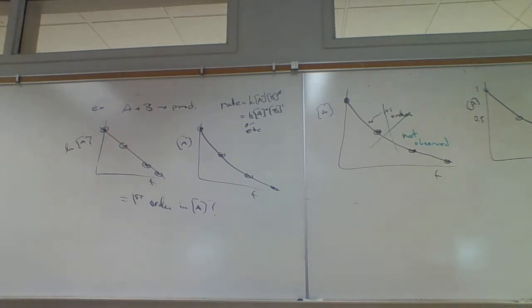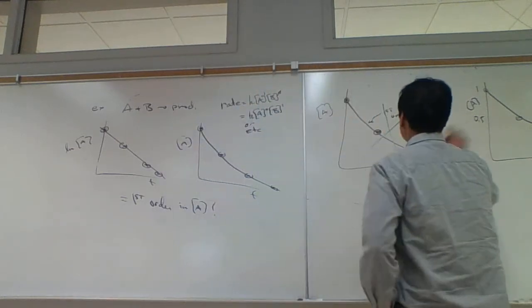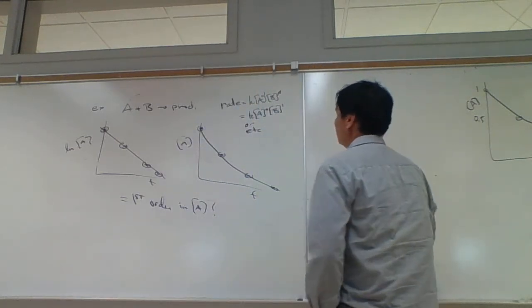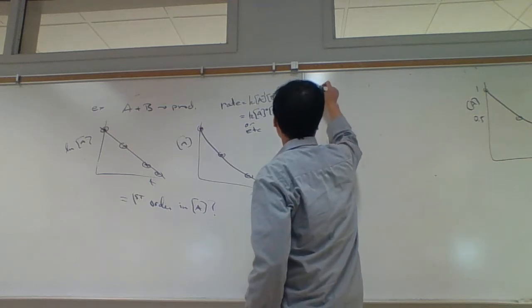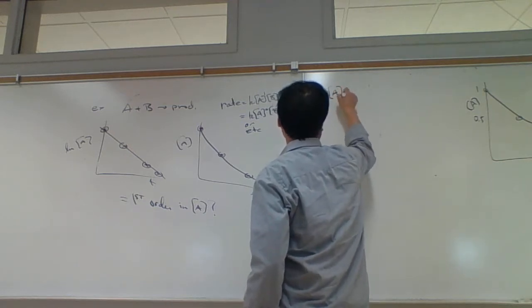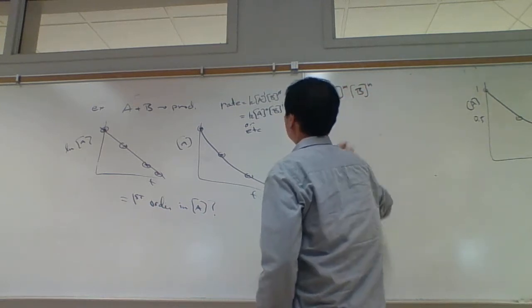And so what we have is, when we get multiple reactants, we have multiple unknowns, and only one equation. We aren't going to be able to figure it out. And so what we're going to just say is rate is equal to k[A]^m[B]^n.